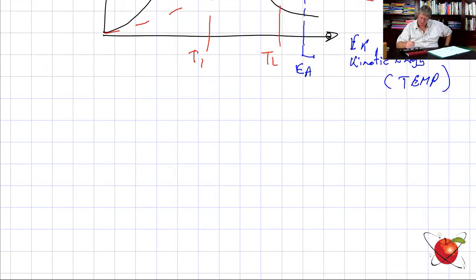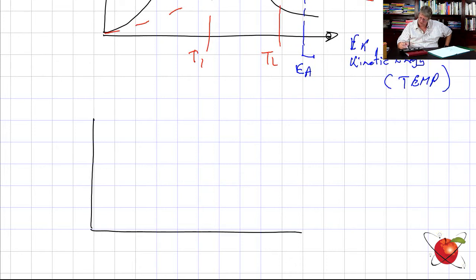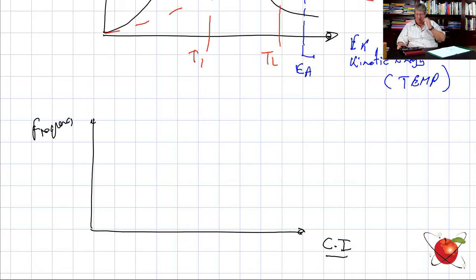If we drew a plot of frequency over there, and over here, let us say class interval, this is a statistics curve. I'm going to go around and measure, for example, heights or lengths or widths of certain things.